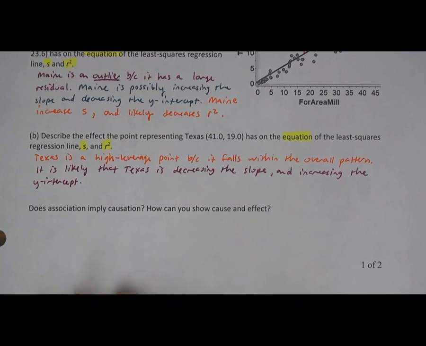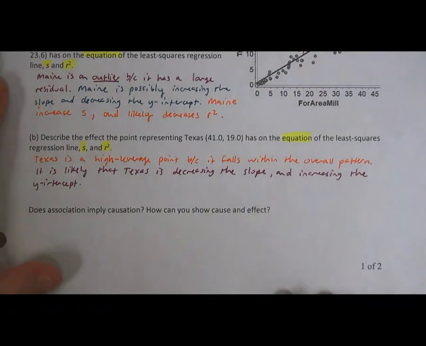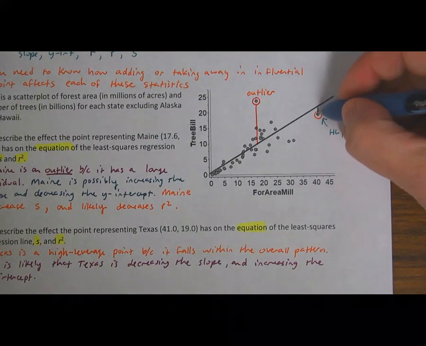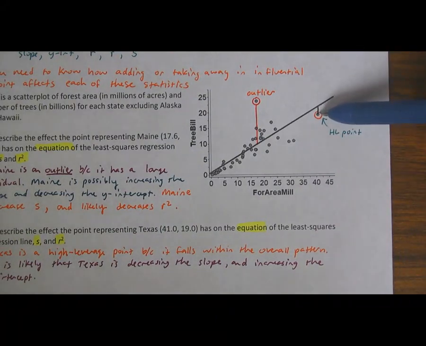It's likely that Texas is decreasing the slope and increasing the y-intercept. Now, Texas doesn't have a very big residual. It's not very far beneath the line.